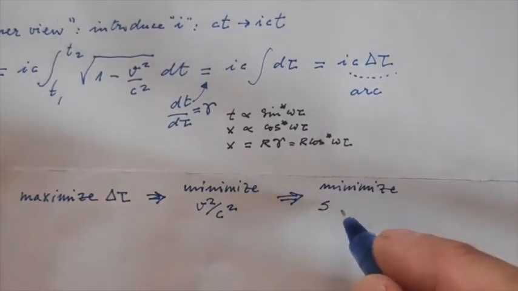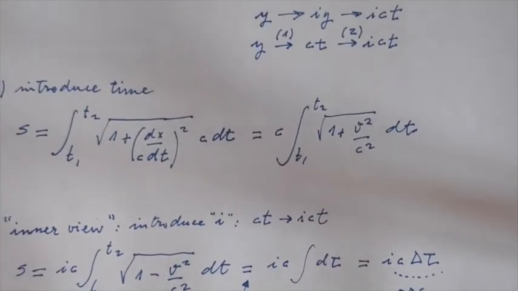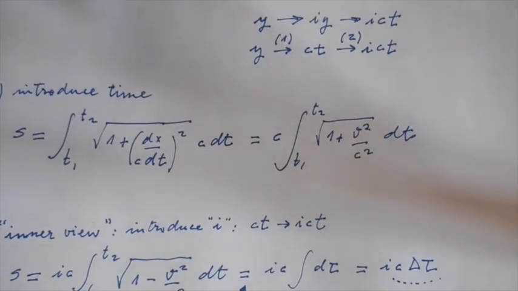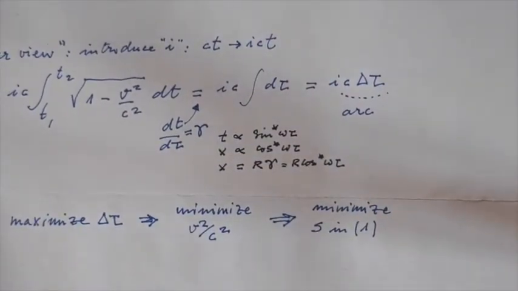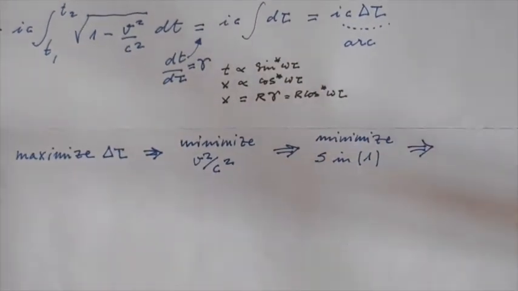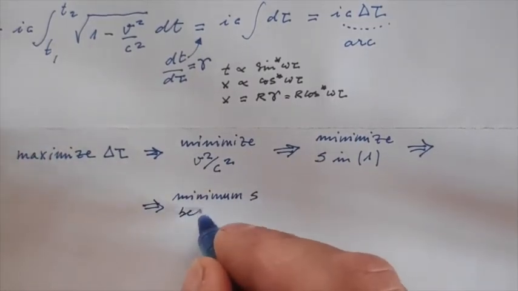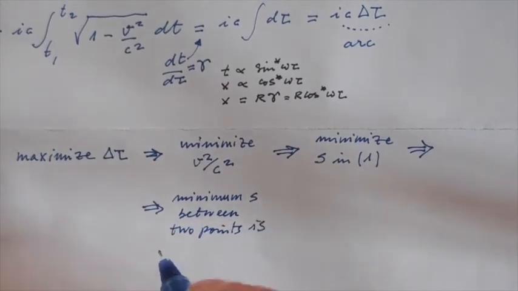However, if the negative sign changes to positive, such as in the first step performed above, then to minimize v squared over c squared also involves minimizing the value of the integral. Therefore, maximizing the proper time interval actually means, from an external point of view, finding the path with least length between the two given points on the plane, which is none other than a straight line.